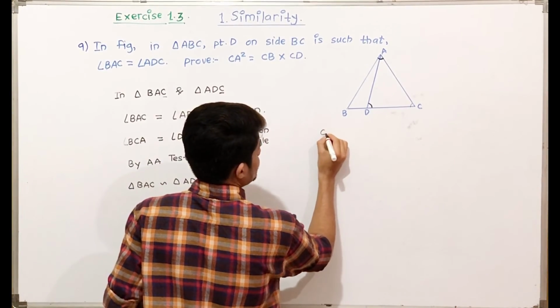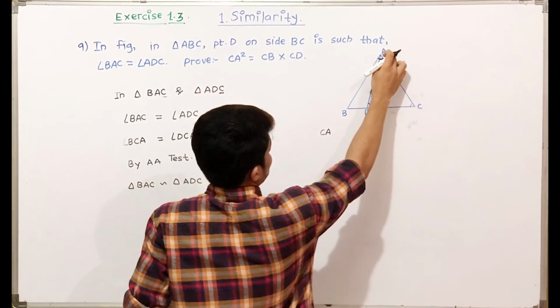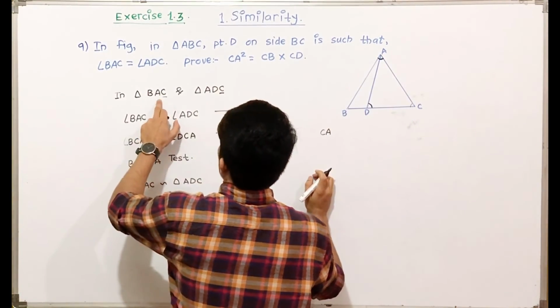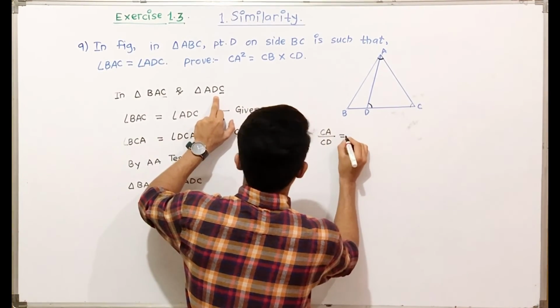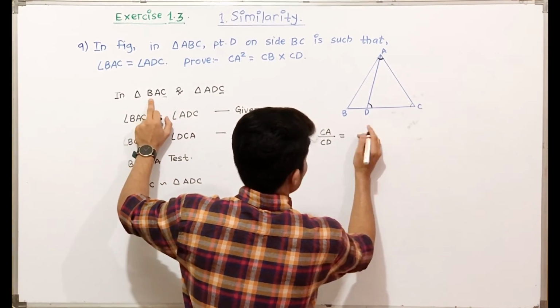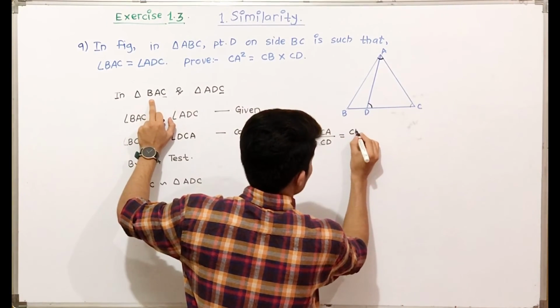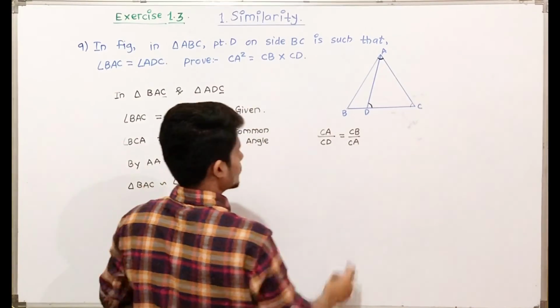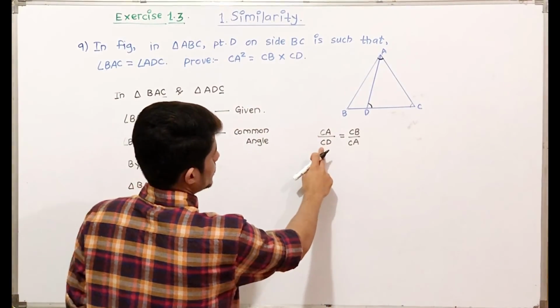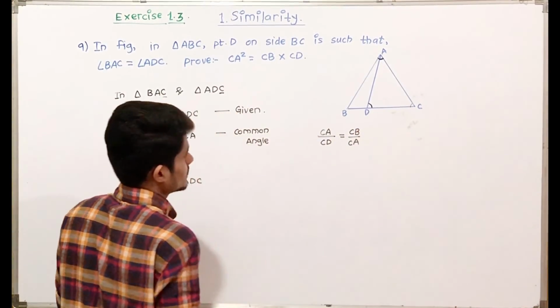That is, CA upon CD is equal to CB upon CA.